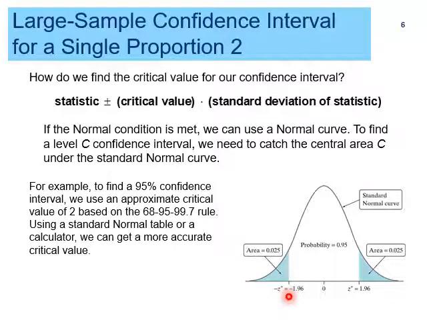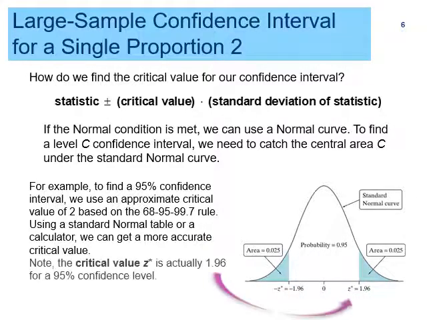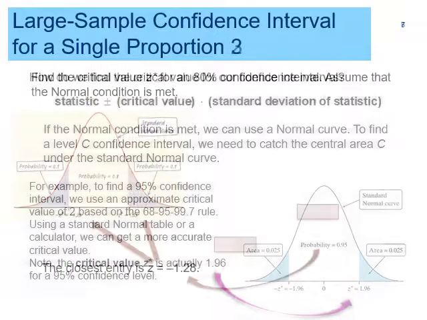You already have the table of z critical values for one tail and two tails, and you also have the option for both tails. So it's minus 1.96 and plus 1.96, and the critical value is 1.96 for a 95% confidence level.